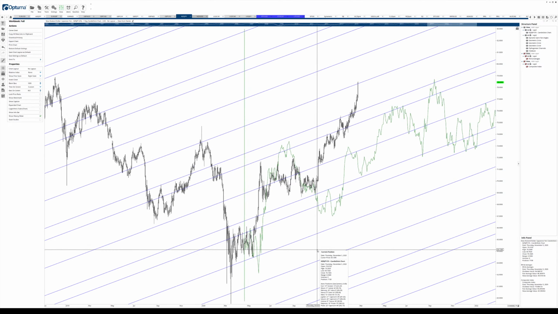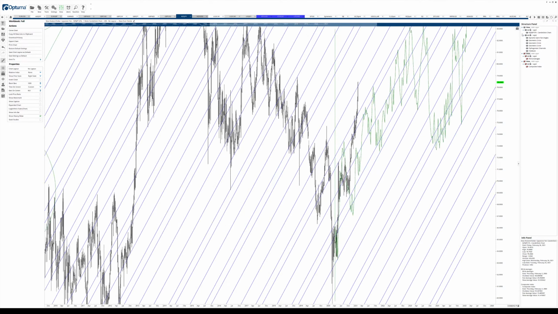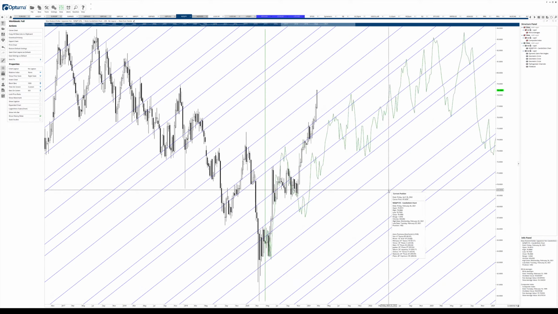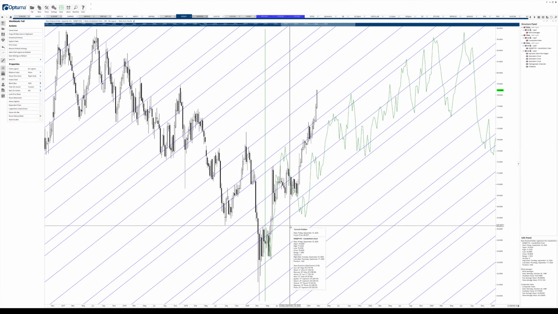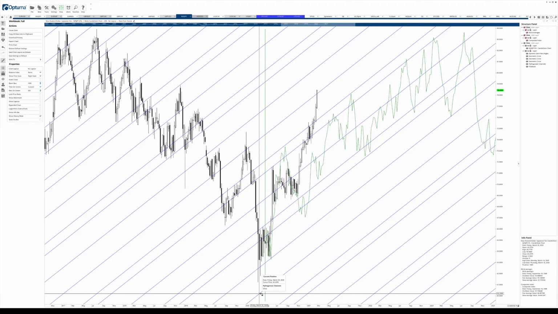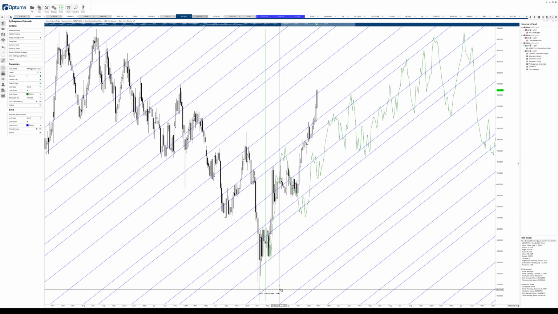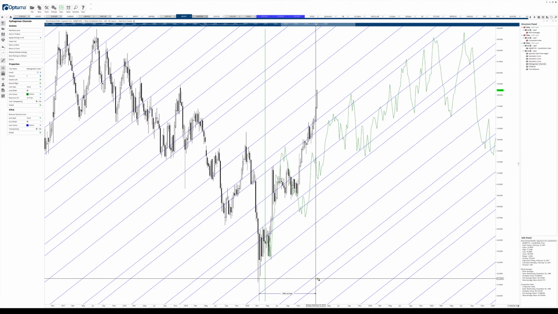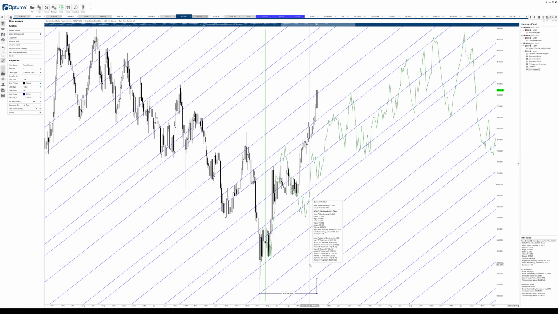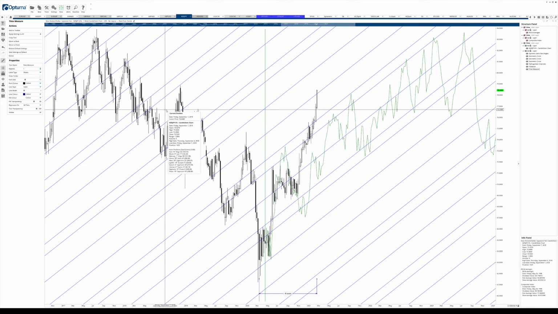In fact, if you want to measure, go to the weekly here. We're getting into some pretty important Gann ranges here. And so from our COVID crash low in March 2020 to where we are now, 343 calendar days or 49 weeks.